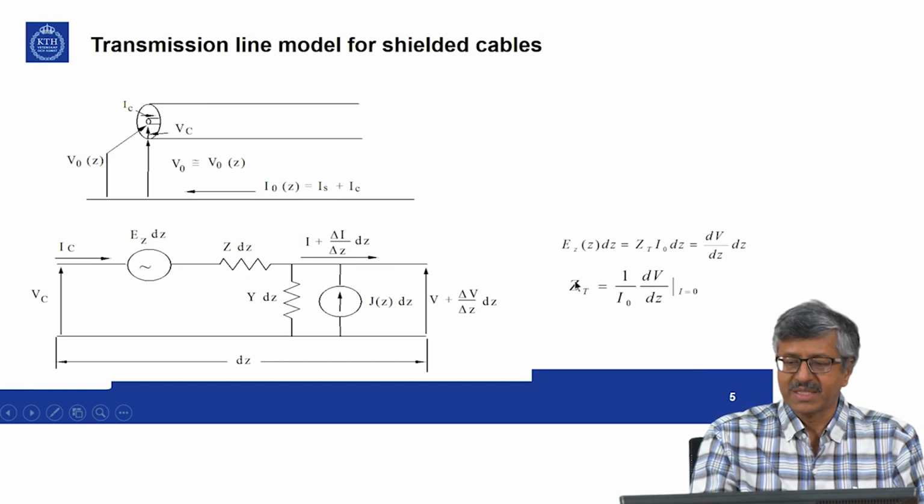So, it means that this transfer impedance ZT is per meter, ohms per meter the unit will be, that you can see from here.